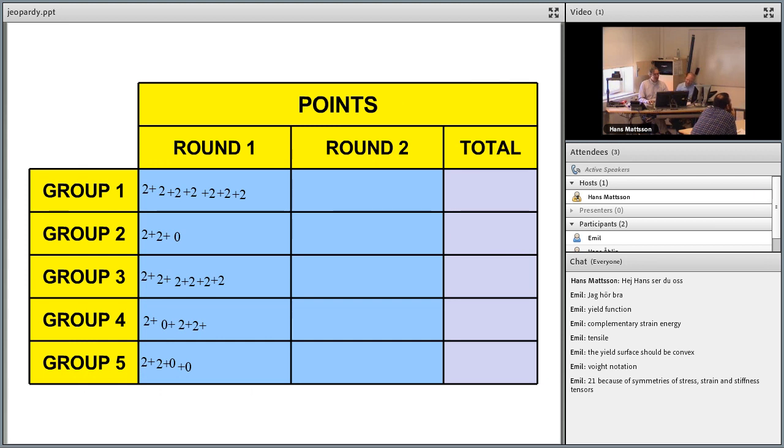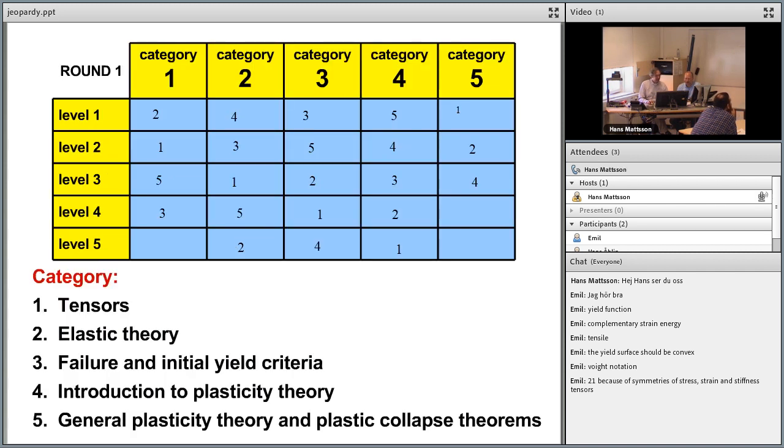So group number 2 and group number 3 didn't get anything there either, but it's group number 3's turn to choose a question. Category 5, level 4 for group number 3.